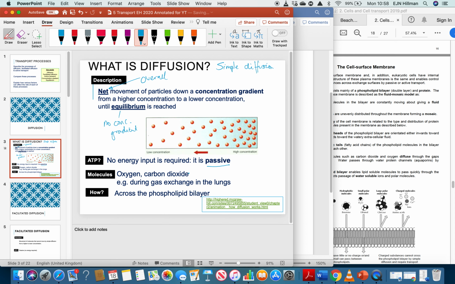So the molecules oxygen and carbon dioxide move by simply diffusing across the phospholipid bilayer. Brilliant, yeah. So simple diffusion across the phospholipid bilayer.